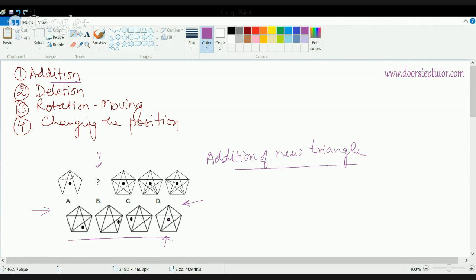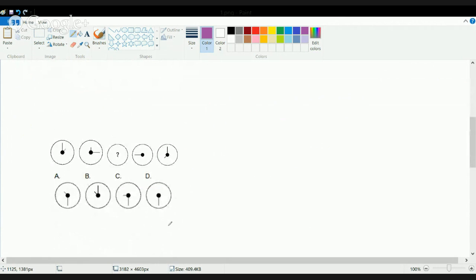If I add another triangle here, this would become D. Then I add another triangle here, so that would become C, then another triangle, and then the final triangle. So with every stage you are adding a new triangle into the pentagon. That is one way of solving these types of questions.